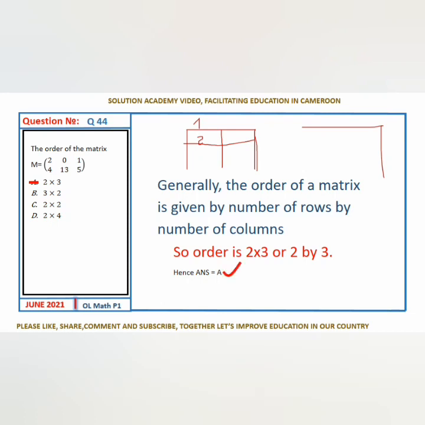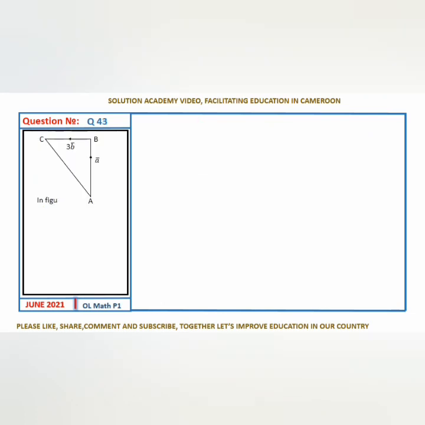Question number 43. Given the vector diagram, they say AB is a, BC is 3b. The vector AC in terms of a and b is... This question is very simple.